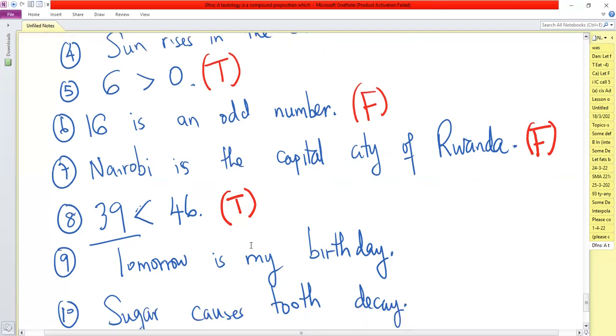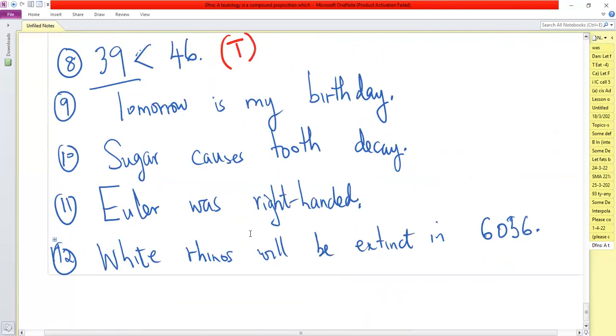And when you say sugar causes tooth decay, that is a true statement from science, that indeed when you take a lot of sugary substances, especially for kids, they can spoil their teeth. So that is true from a science point of view. But when you say Euler was right-handed, we may not be able to know, but the assumption is taken that any normal human being is either right-handed or left-handed.